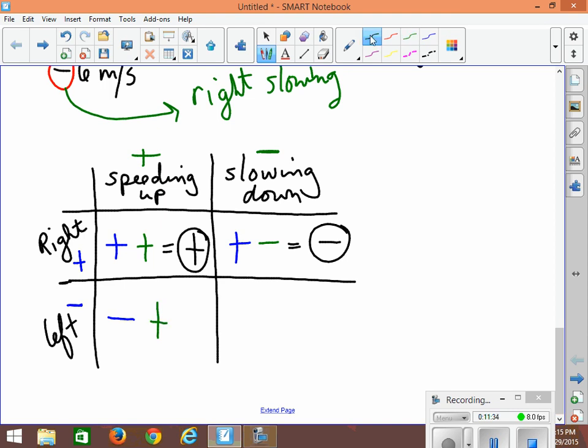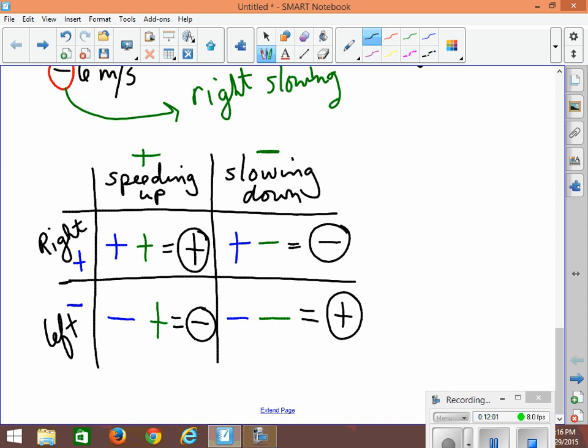So that equals negative. And then in the last box, we have a negative for left, and we have a negative for slowing down, wrong color, let's fix that, a negative for slowing down, and we get two negatives. When you multiply, that makes a positive.